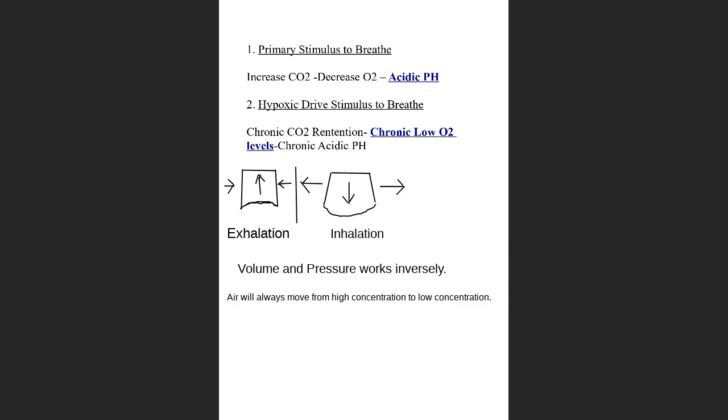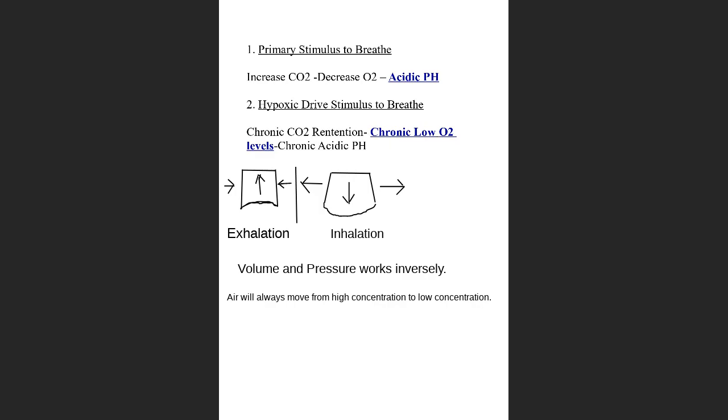Now, a patient with a hypoxic drive stimulus is a patient that has chronic respiratory problems. So this is a patient that has COPD, chronic obstructive pulmonary disease, a patient who has been smoking for years.